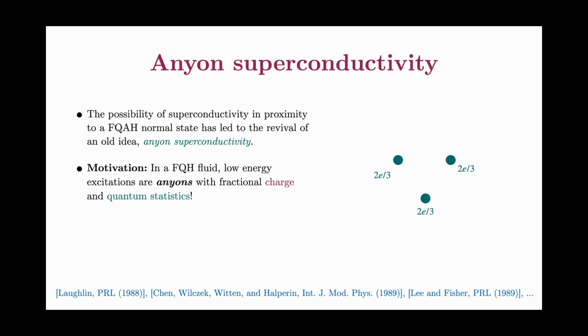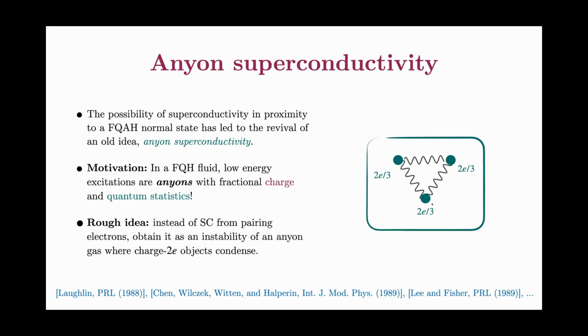And those anyons, say here I've drawn a bunch with charge 2e over 3, may be able to get together and conspire to form charge 2e objects which are bosonic and could condense to form a superconductor. Okay, there's a little bit of a perversion of what happens in the kind of traditional models, and lately some of the attempts to fix issues in those models. But this is a cartoon picture, which, particularly for the purposes of this talk, you can just have in your head.